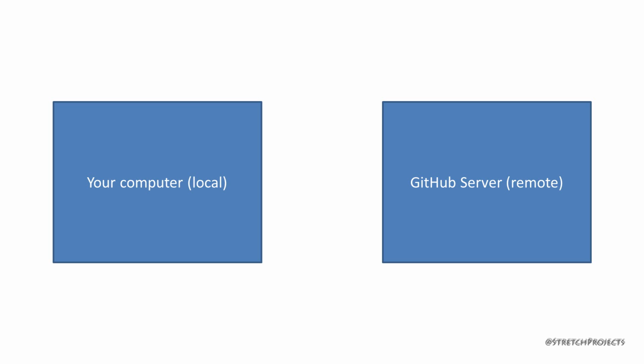So the first thing that I mentioned was the fact that we have a GitHub server and our local computer. The GitHub servers are referred to as the remote, while the local computer is referred to as local.